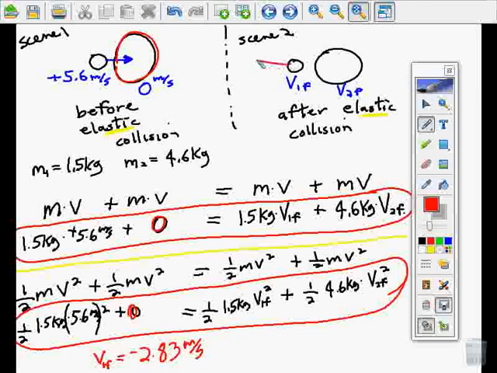It's going to bounce off of it and start going back up that way. Negative, it's going back to the left. And what about v2 out? 2.73 meters per second. Okay, so now you know how fast that guy is going to go after you solve the two equations.